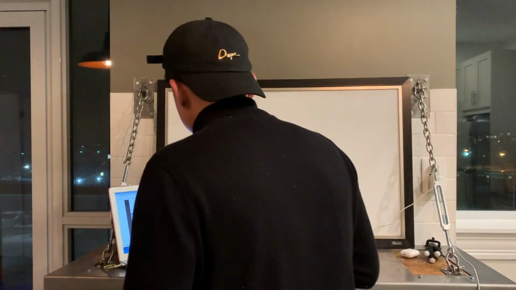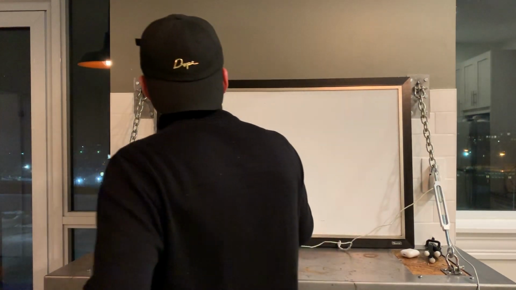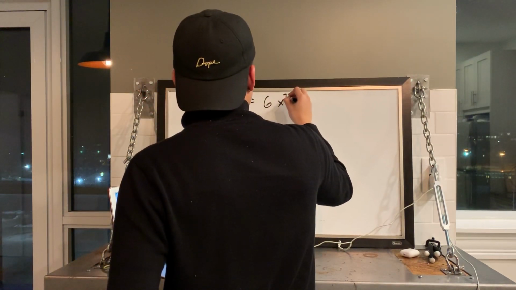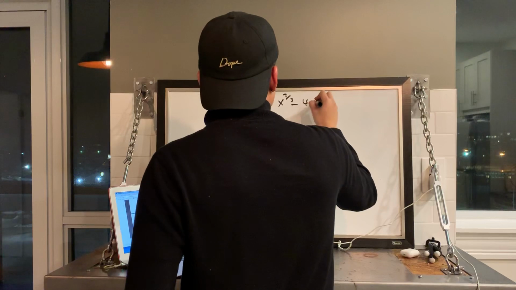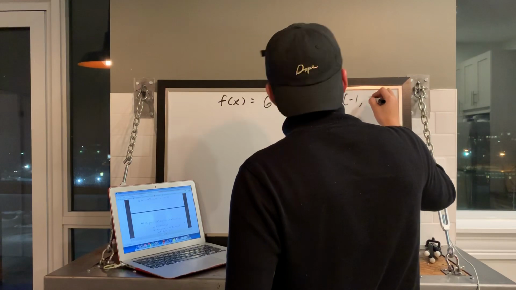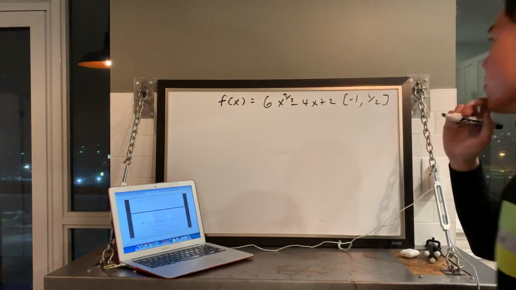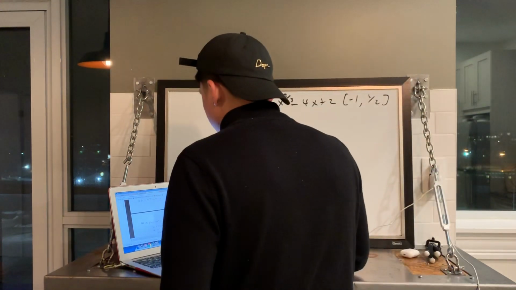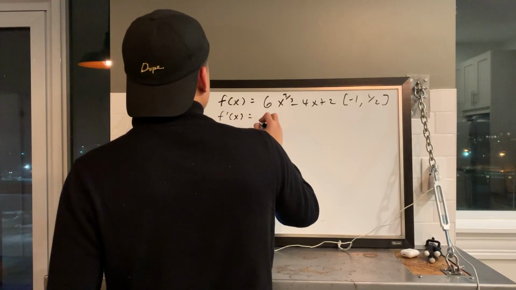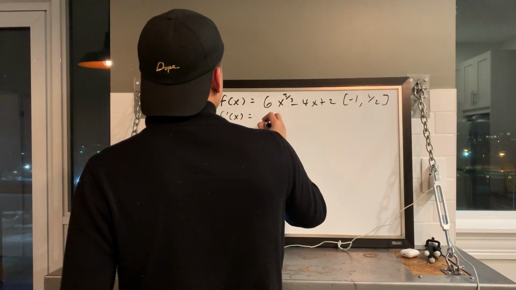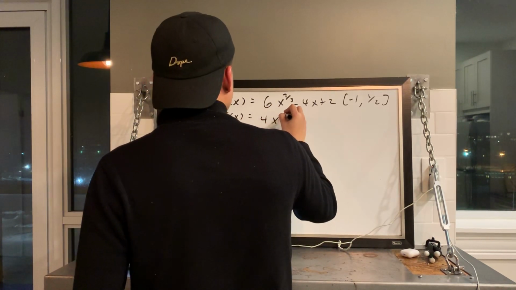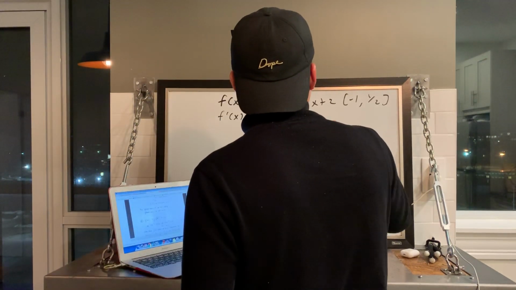If I have this on that interval, then f prime of x is equal to 4 over the cube root of x minus 4.